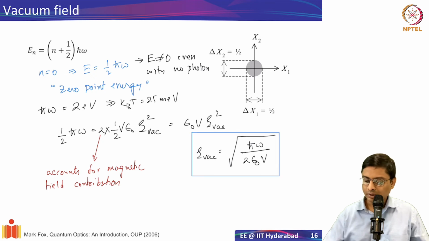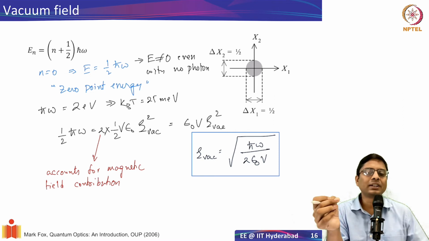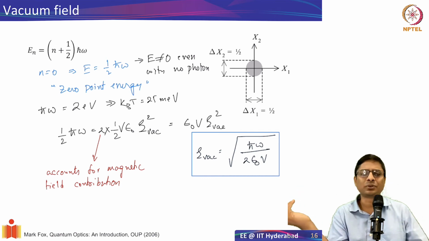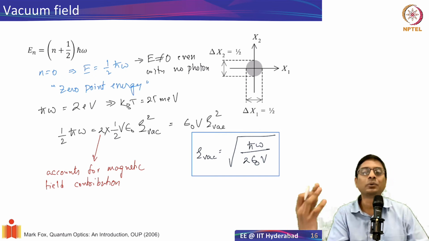So this expression is telling us that even when you have vacuum, there's a certain amount of electric field. That is a very different result from what you'd expect classically. When you have a classical electromagnetic field, we say there's no field, no electric field, right? But what we are saying is even vacuum, with no photons, has a certain amount of fluctuations.